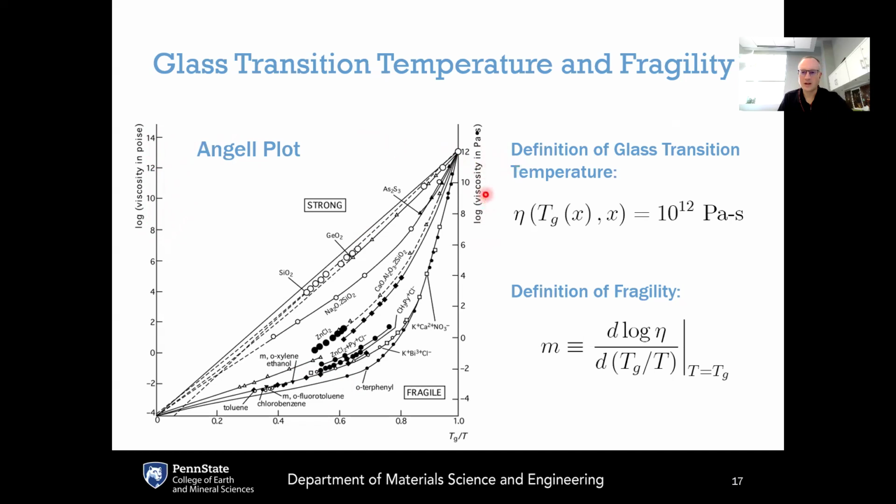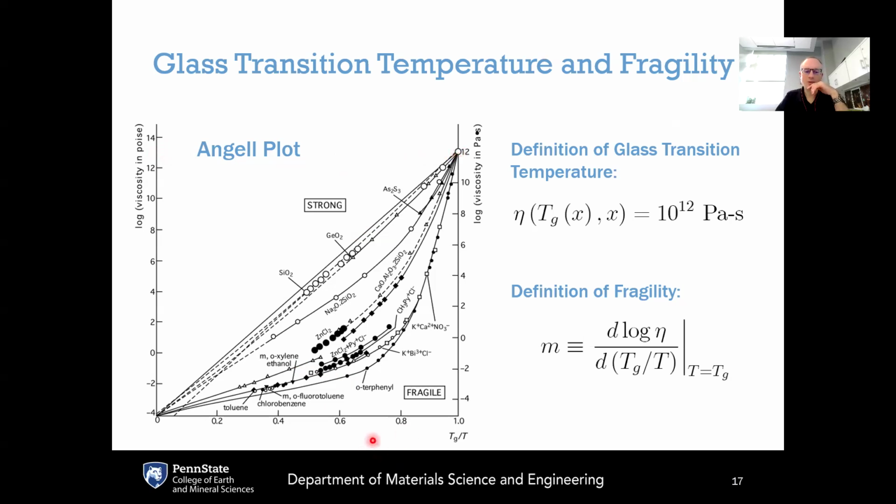Since it's a base 10 logarithm and there's a factor of 10 difference in going between poise and Pascal seconds, on a logarithmic axis, it's just a difference of 1. So, for example, 10^13 poise is the glass transition temperature, and that corresponds to 10^12 Pascal seconds.